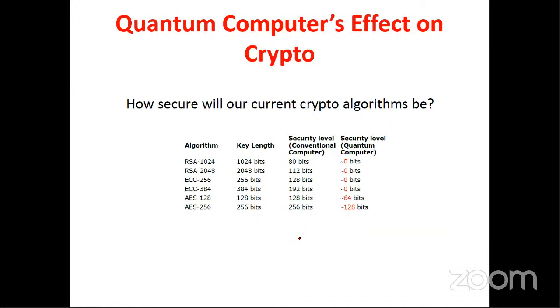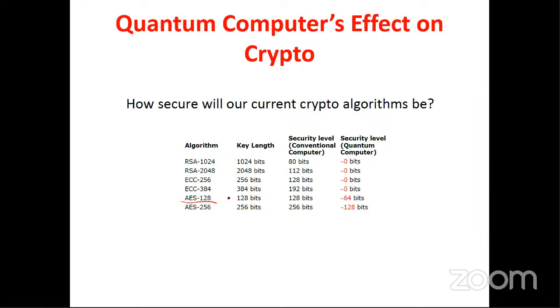Till now we have seen symmetric key systems like the one-time pad and AES, where Grover's algorithm applies. In the case of asymmetric, we have seen that Shor's algorithm and its variants can crack the cipher. So what is the effect of the quantum computer on these algorithms? Let's start with AES 128.